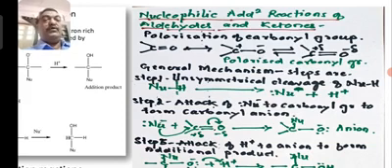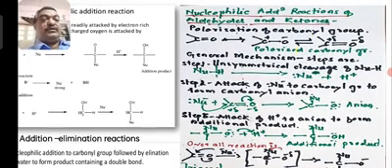In the first step of the mechanism, the nucleophilic reagent NuH breaks up to produce nucleophile minus and H plus. In the second step, the nucleophile attacks the positive carbon to form an anion. In the third step, this anion reacts with the proton to produce the addition product.